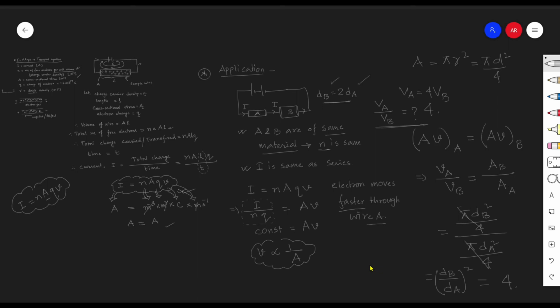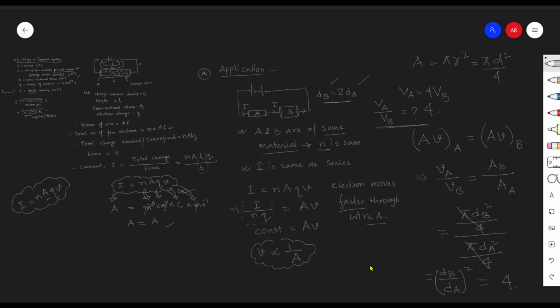Suppose I would like to give you one more example, that if these two wires A and B are not made up of the same material, instead A is a conductor while B is a semiconductor. A conductor and a semiconductor are connected in series. Once they are connected in series, they must have the same current through each of them.